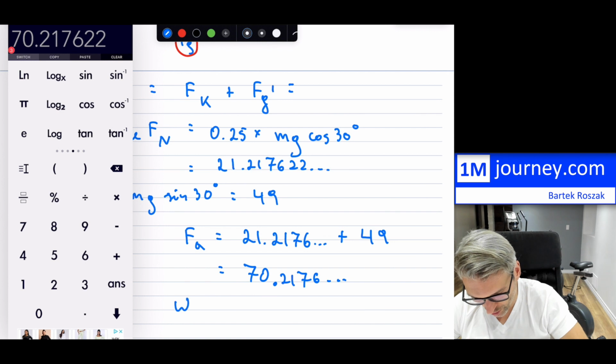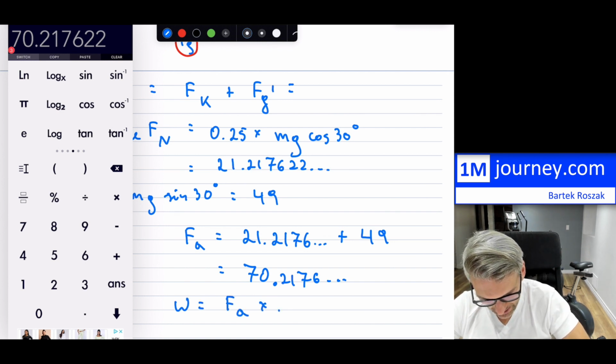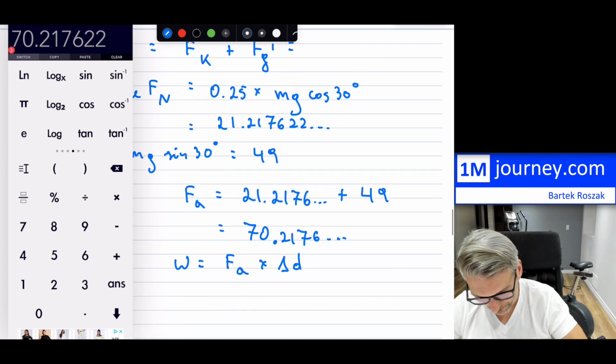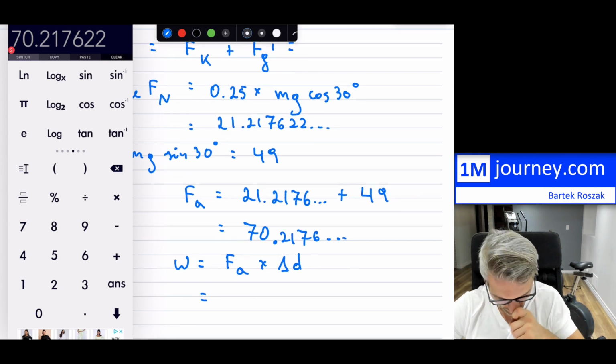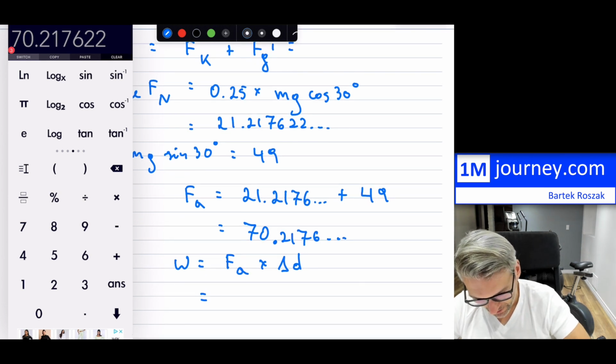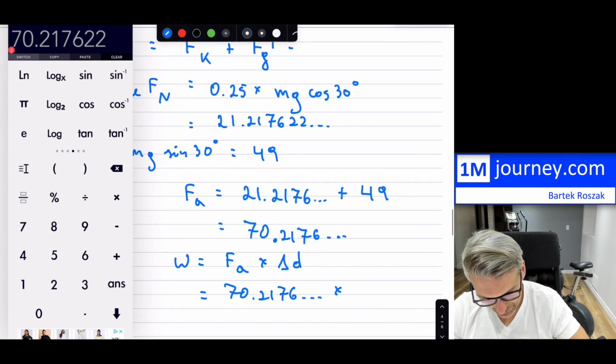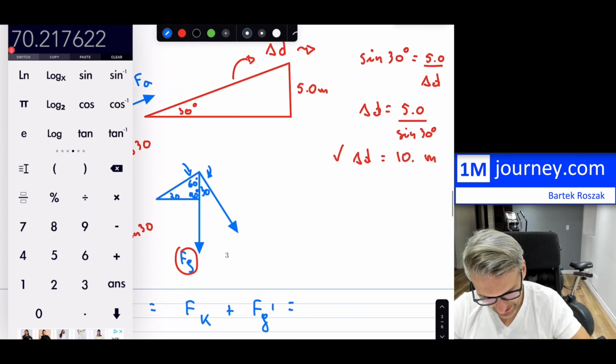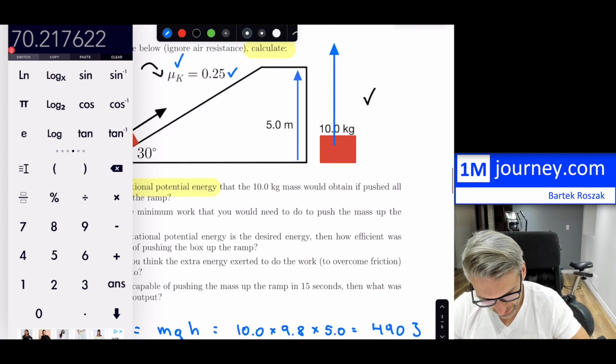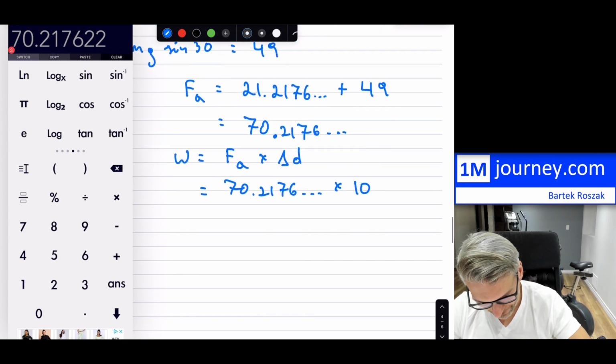And therefore, the work is the force applied times the displacement. And that's going to be equal to, in this case, the 70.21 multiplied by 10 meters right there.